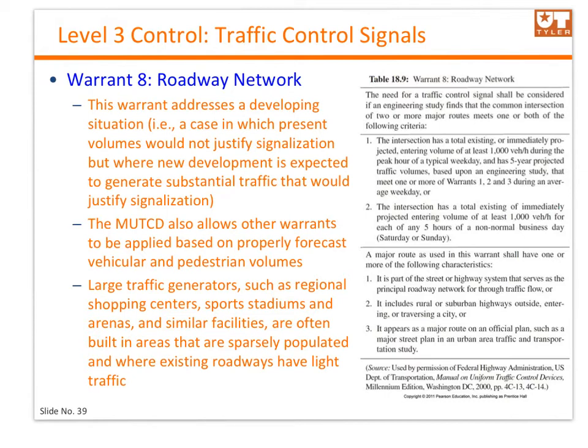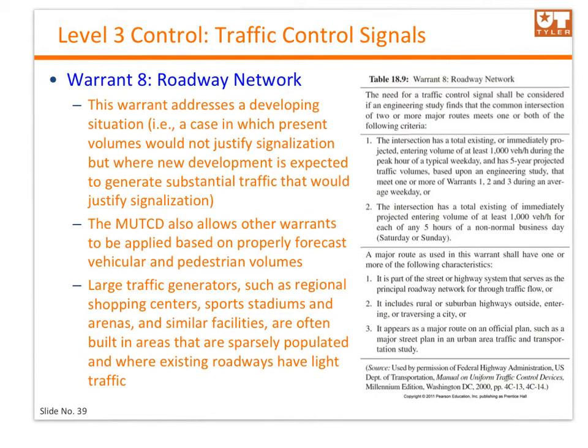First is if the intersection has a total existing or immediately projected entering volume of at least 1,000 vehicles per hour during the peak hour of a typical weekday, and has 5-year projected traffic volumes based upon an engineering study that meet one or more of warrants 1, 2, or 3 during the average weekday.